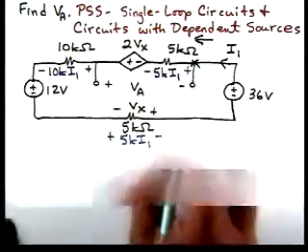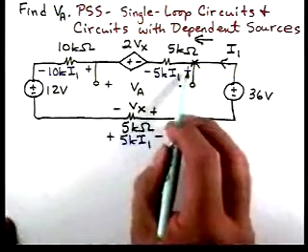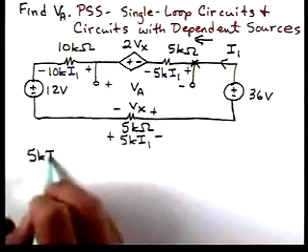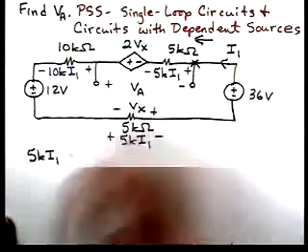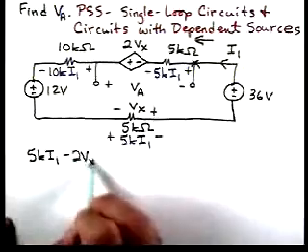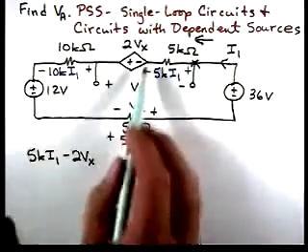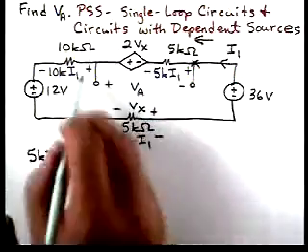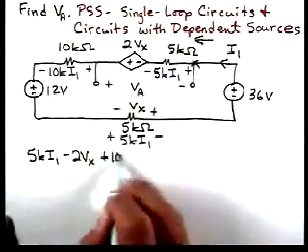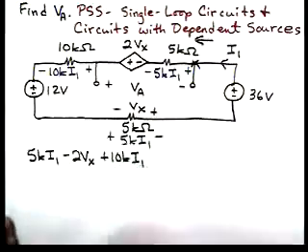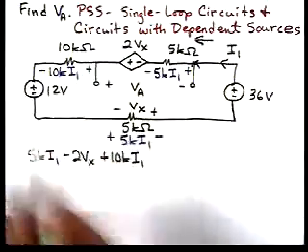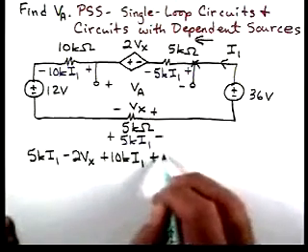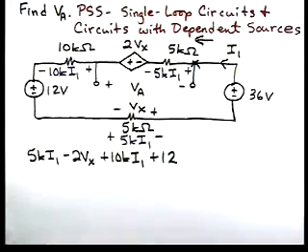We've got a voltage drop, we hit the plus sign, so we'll have 5K I1 minus 2Vx, since here we encounter a voltage rise with the minus sign. Then we'll have plus 10K times I1 as a voltage drop across this resistor. And as we come around, we hit the plus sign on that 12-volt source, so we have plus 12.